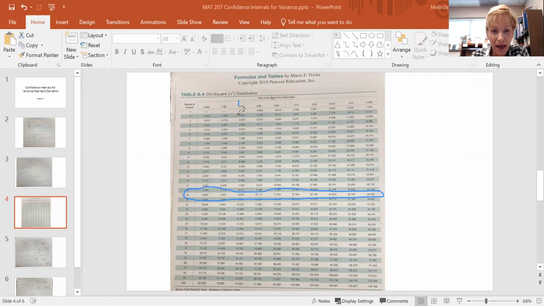Now I'm on the 0.975 column. And those two intersect right there on that number. So that number is 8.907. All right, are you able to see that that's 8.907? So that's why that's going to be my chi-squared left number in just a second.